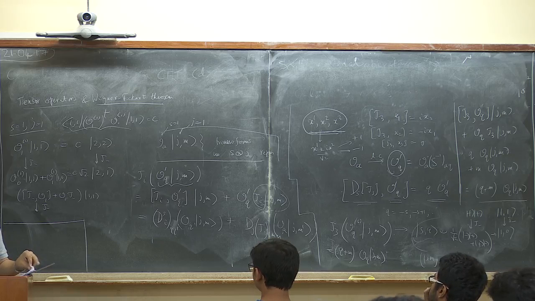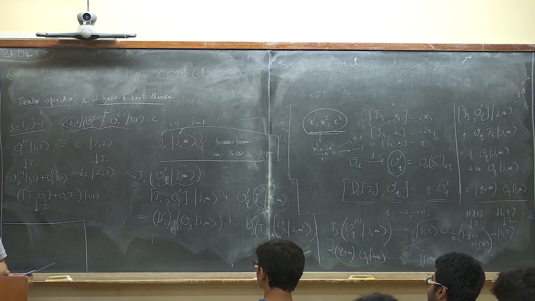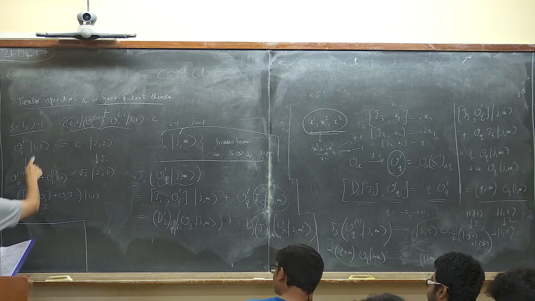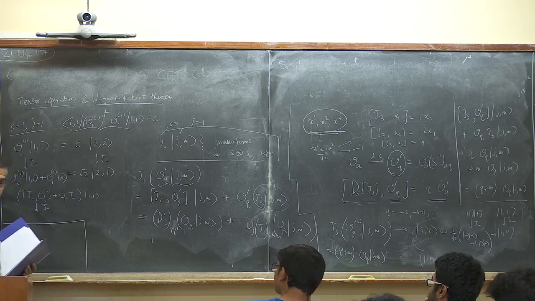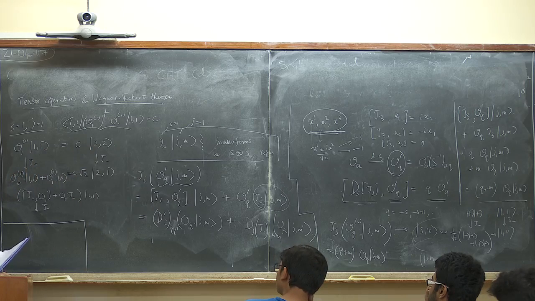Now, can't you just normalize the full thing so that C is 1? Sorry? Can't you just multiply the whole operator by 1 over C so that the full thing is 1? Oh, but 1, 1 is separately orthonormalized and 2, 2 is separately orthonormalized. Multiply the operator O by 1 over C. I can do that. I can indeed do that.